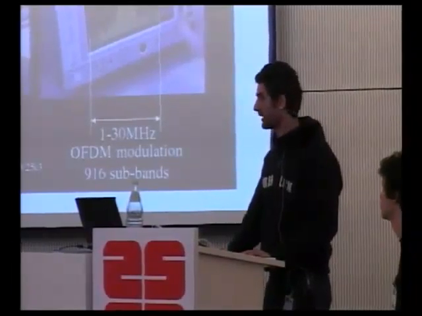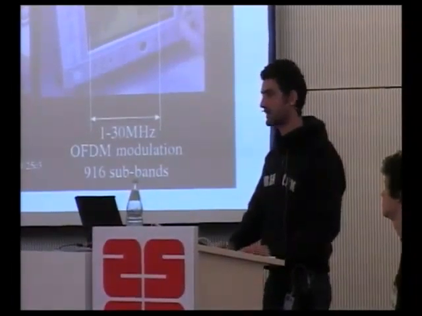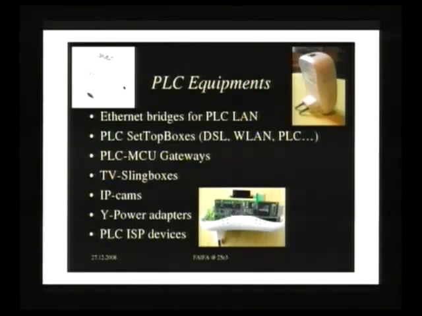So this is 1, this is 30 megahertz. You will see basically the physical layer, and you will see the adaptive modulation changing all the time when the channel is changing, basically when some electrical plugs or electrical devices are changing the quality of the channel. So this is what we find at the physical layer using a signal analyzer.